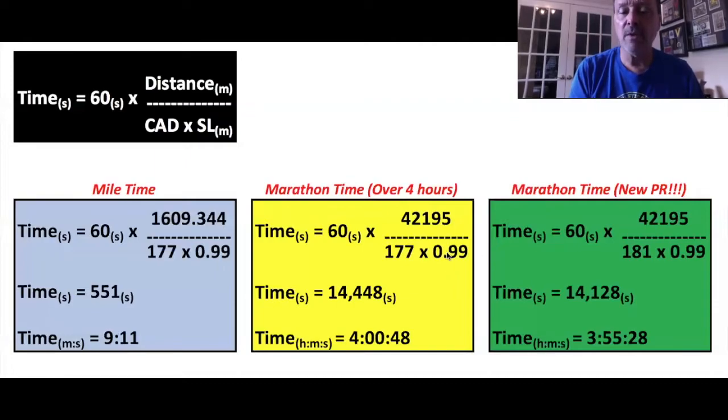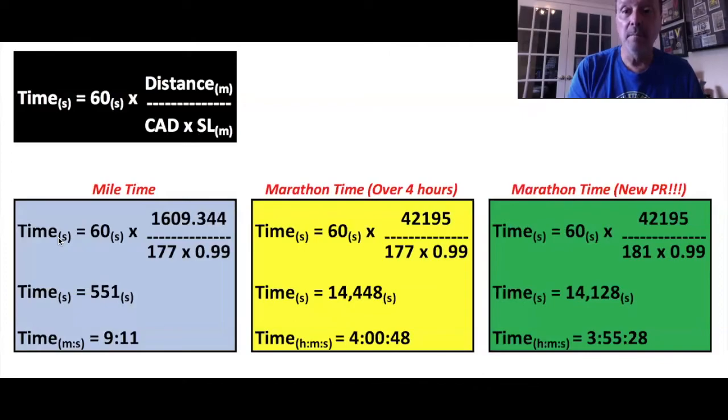We haven't talked about the stride length. The stride length is the same component. It's 177 in this example, times 0.99. If you increase both of these, and they're a set, the higher this combination of numbers are, the higher the value, the faster you will get, the lower the time will be. You'll go from an 8-minute pace to a 7-minute pace, to a 6-minute pace. So it doesn't matter if you're Usain Bolt, he's got a stride length, he's got a cadence, short distance, marathons the same way.